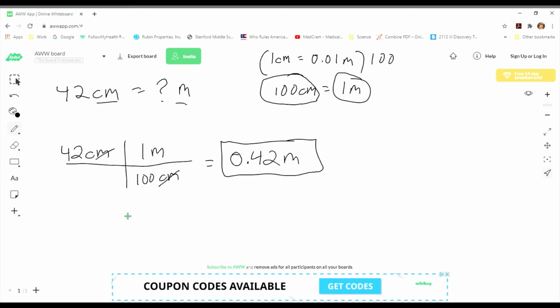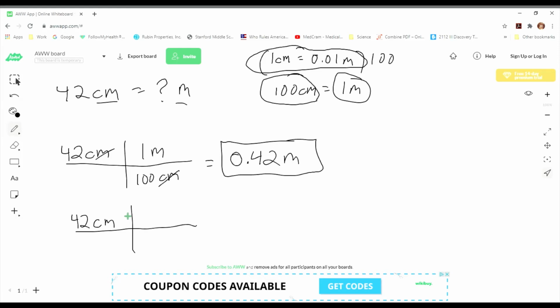But even if you did use this other one right here, you're like, oh, I remember that a centimeter is 1/100th of a meter. Even if you just wrote it as 1/100th, it should still work. Right, so let me show you real quick how that happens. 42 centimeters, then you put it in as a conversion factor. If you're going to use this equality here to make your conversion factor, you can. Still, the centimeters goes on the bottom.